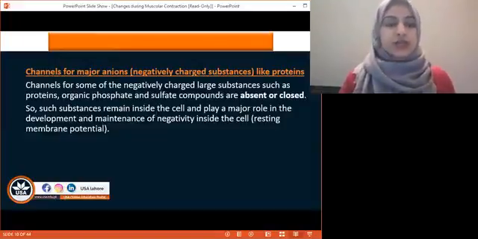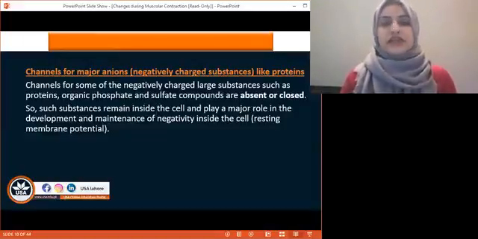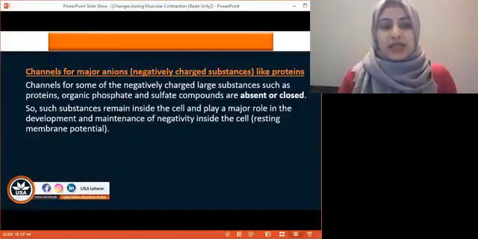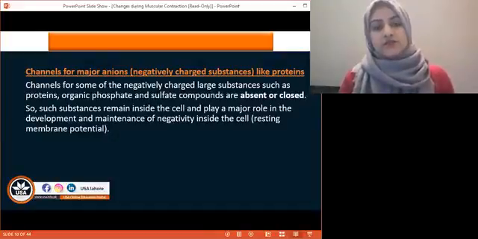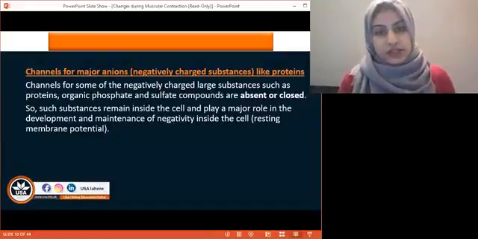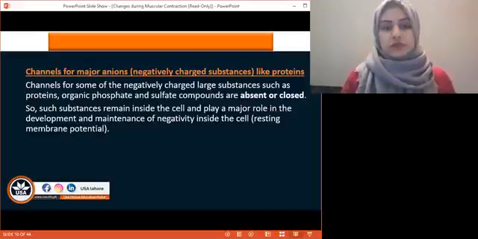Channels for some of the negatively charged large substances, such as proteins, organic phosphate, and sulfate compounds, are absent or closed. So mostly the channels which are for negatively charged substances are usually absent or closed.